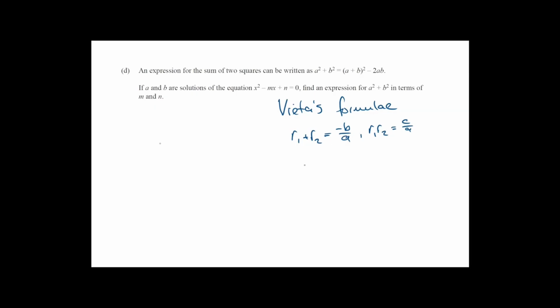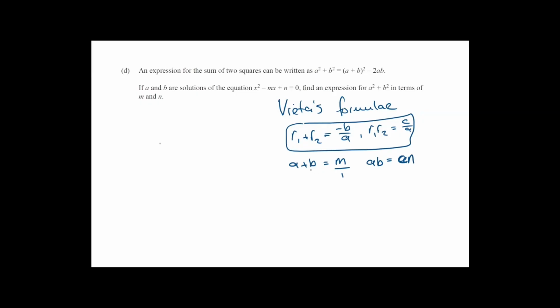So I'm going to rewrite these in the form that they want them. Okay. So a plus b is going to be equal to m over 1, because a is 1, and a times b is going to be equal to c, and c in this case is n. Fair enough?